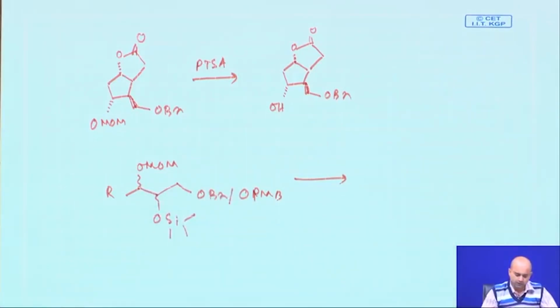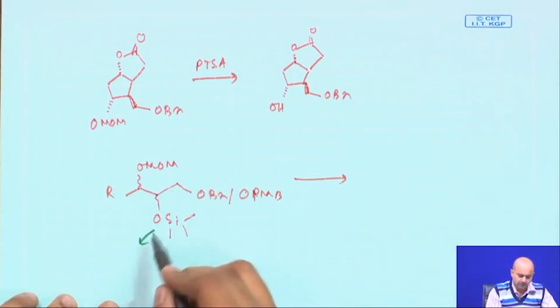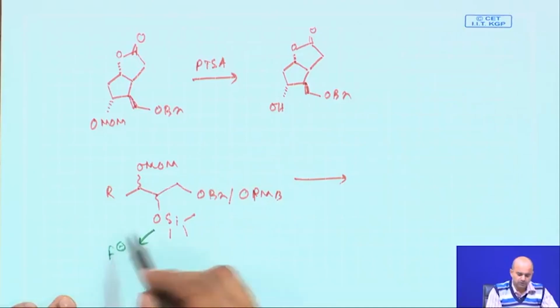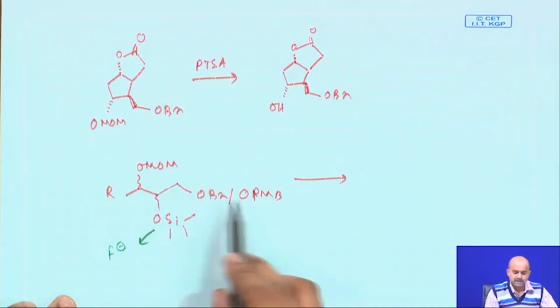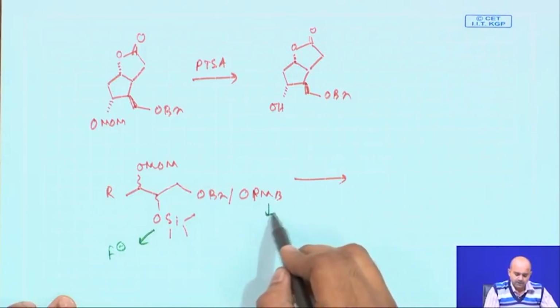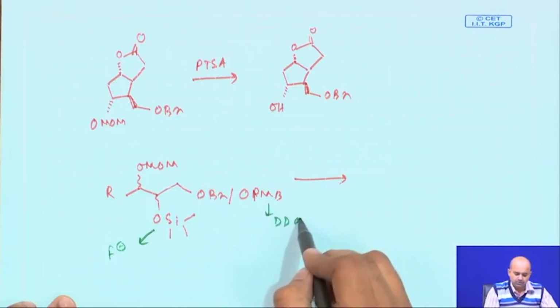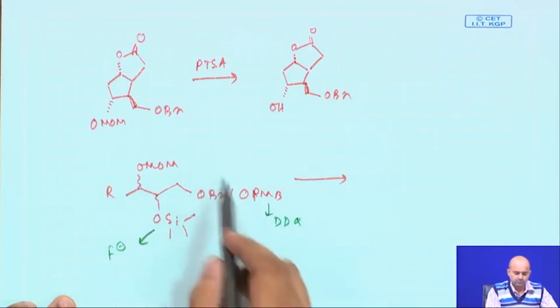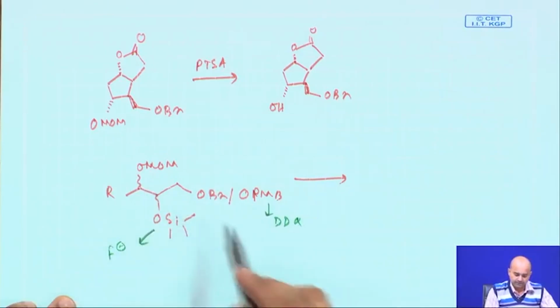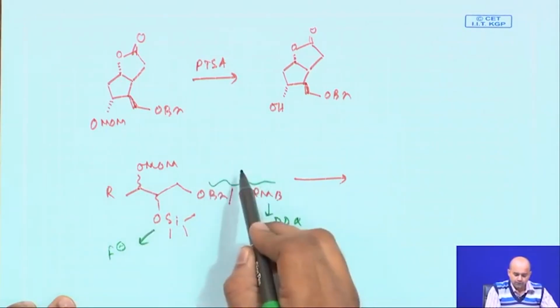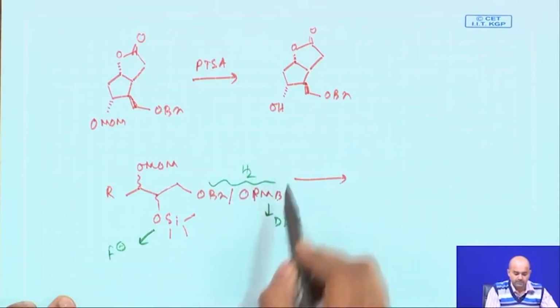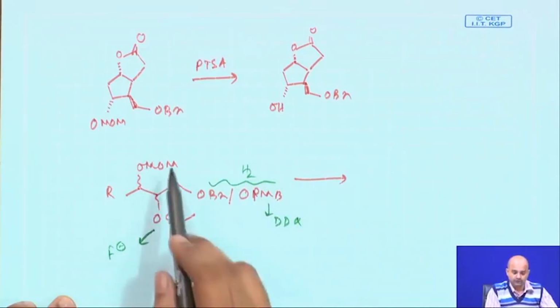Silicon can be easily clipped by a fluoride source, and the other two groups won't be touched. Benzyl and PMB can be clipped by DDQ, and other groups won't be affected. Benzyl and PMB can both be clipped by hydrogenolysis with simple hydrogen and palladium on charcoal, and the other two groups are not affected.